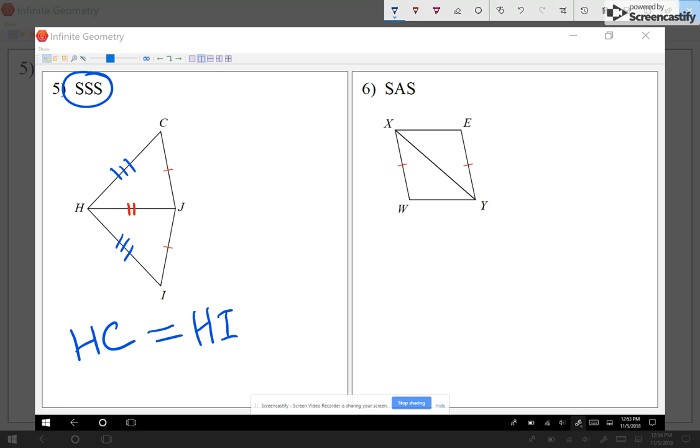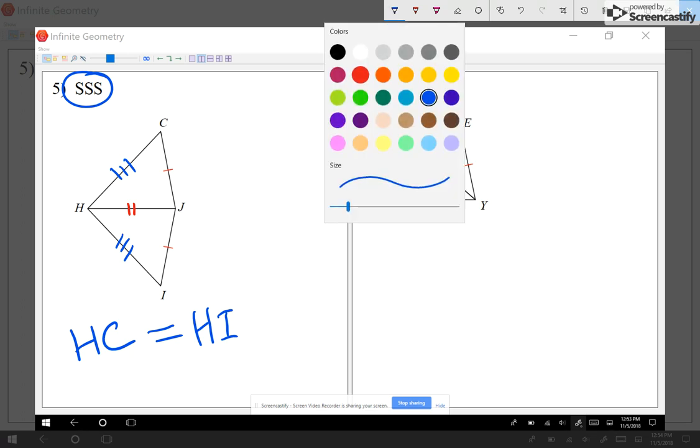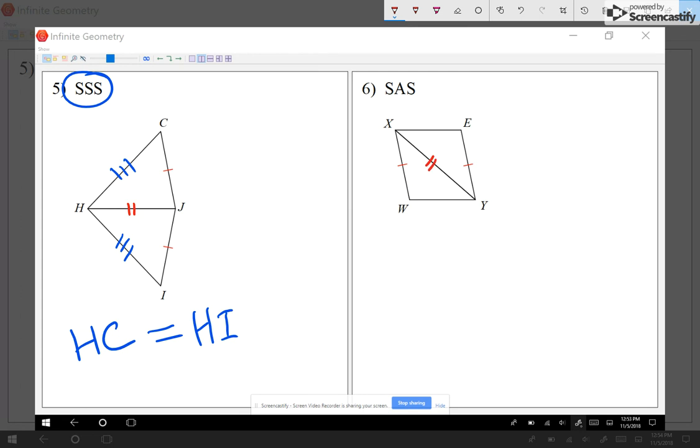Looking at question number 6, I see a side that is marked already. Technically, this side right here is given because they both share it. I want this rule to be side, angle, side. So 2 sides per triangle and the included angle. If I look at the top triangle, the included angle is this angle. If I look at the triangle at the bottom, I see my 2 sides and they meet at this angle. So let me highlight the triangle I'm looking at.